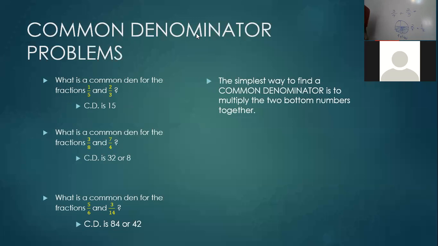So now we need to figure out common denominator. So that is the first idea. We need to get an equivalent fraction. Now let's get a common denominator. All right.